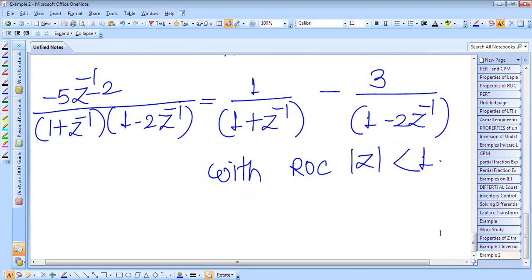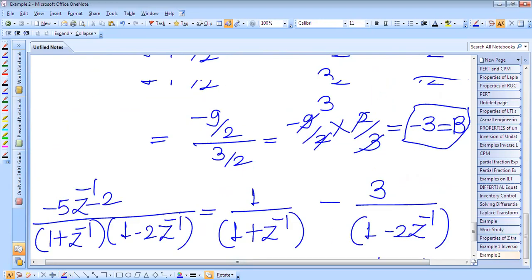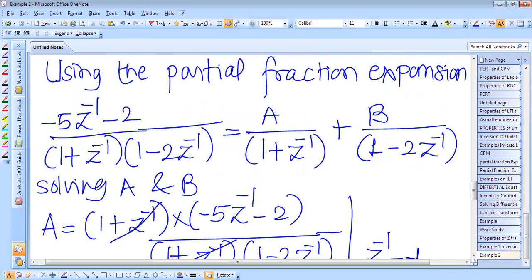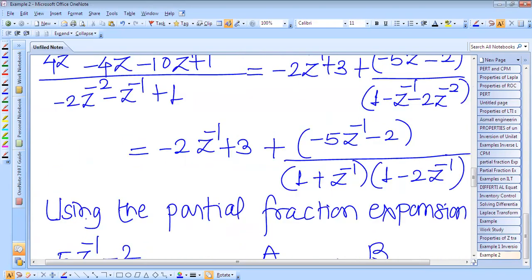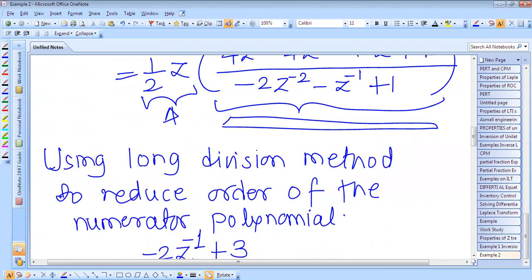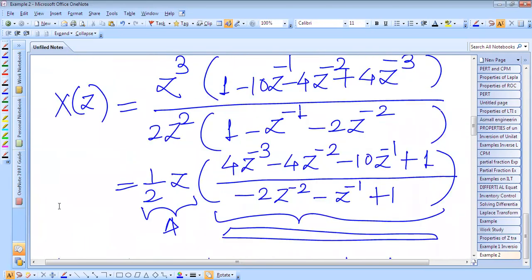So the inverse Z transform we can define further. We have found this factor. So this is X of z, which is half of z into this.